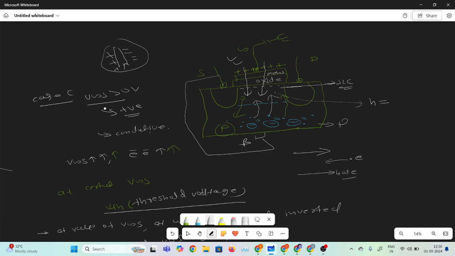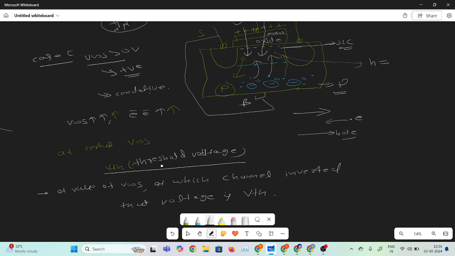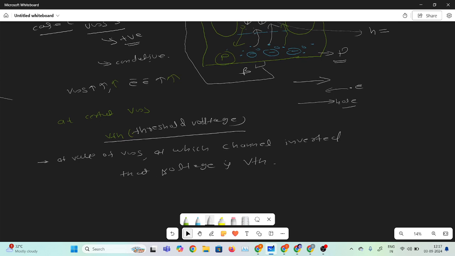So the channel is inverted, means more and more electrons will come into the channel, and this electron concentration is equal to the majority charge carrier of the p type semiconductor. At the threshold voltage, a sufficient number of electrons come into the channel, and the channel starts to become conductive.